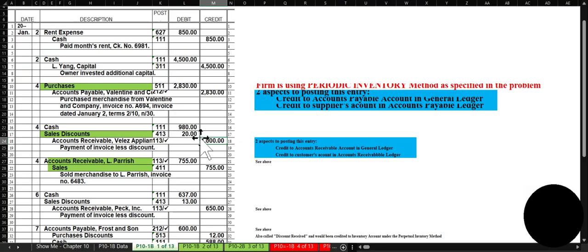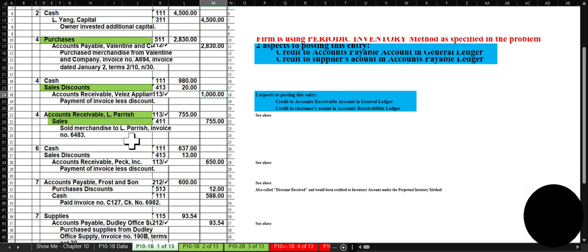And of course, we split the amount they actually paid us from the discount. And so the sum of the cash received plus the discount is equal to the total amount that would be credited or applied against the balance owed by the customer. Again, just go through each of these.